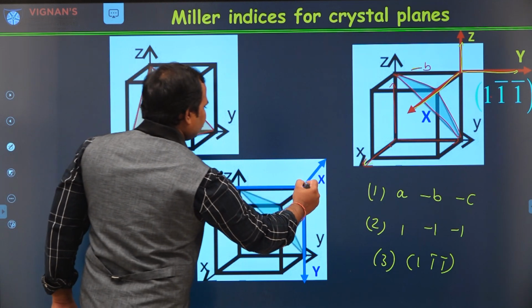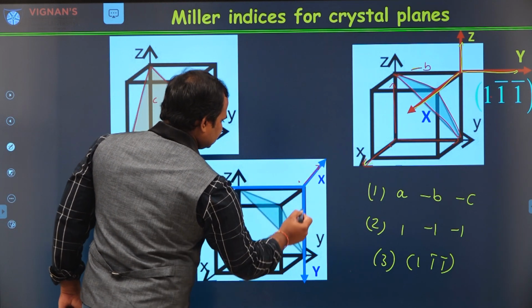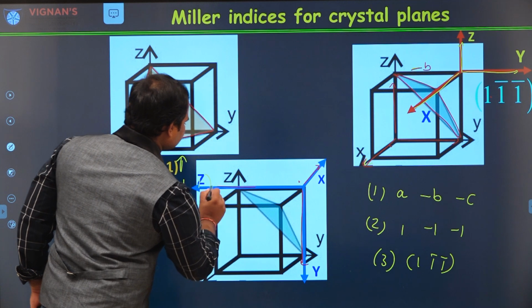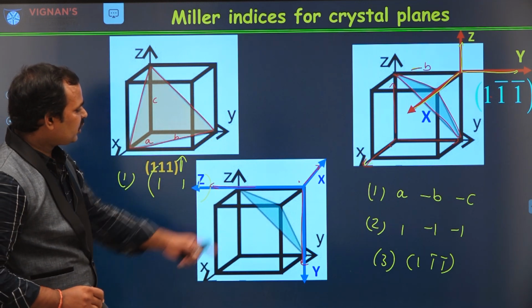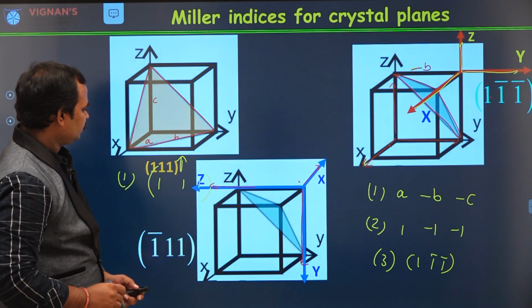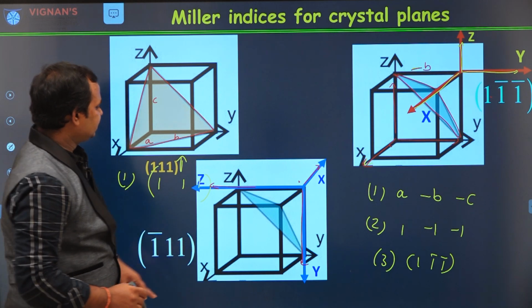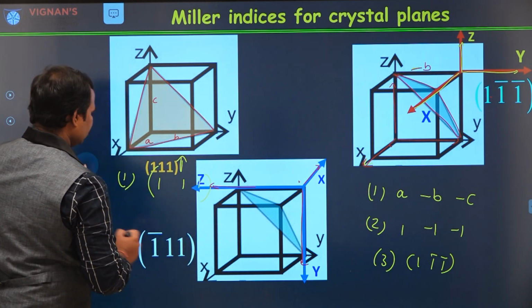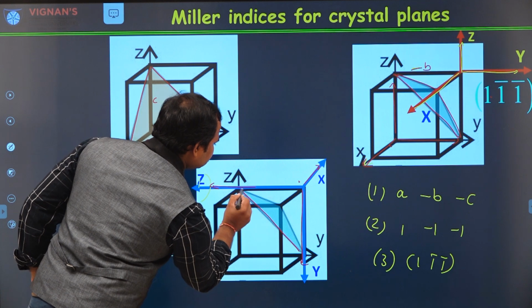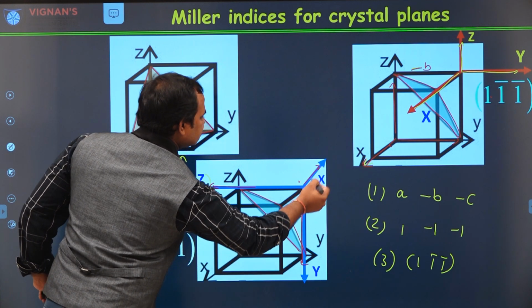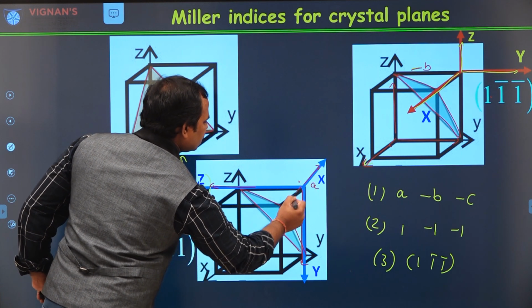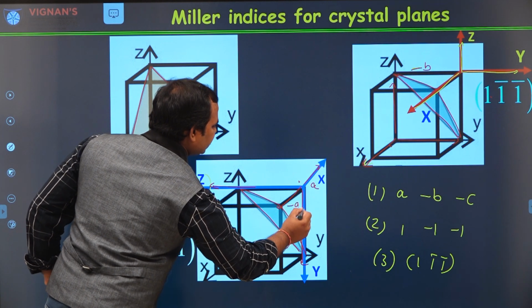Now I have taken here this is the x-axis, this is the y-axis, this is the z-axis. Now the corresponding intercepts are 1 bar. Since this is the plane of interest, and this is a positive x-axis, this will be a negative x-axis, so the intercept is minus a.